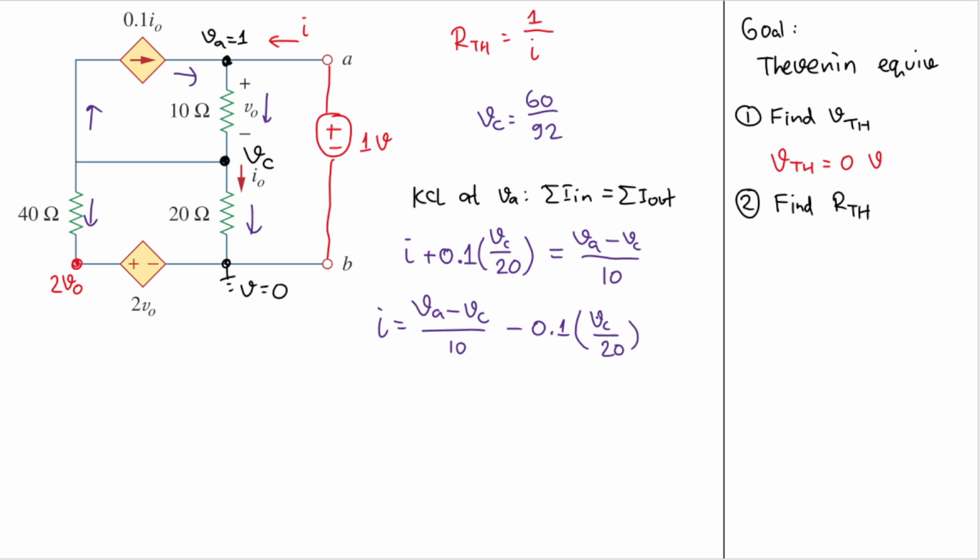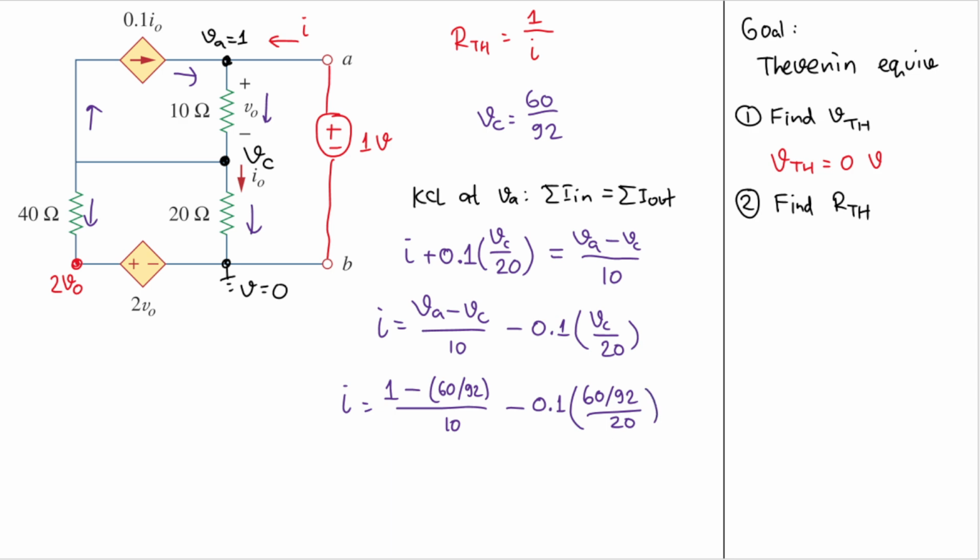Good. Now we know all the things. We know VA, we know VC, so on the right-hand side it is just a number. So I is equal to 1 minus VC, where VC is 60 over 92, divided by 10, and then in this term I will have 0.1 multiplied by 60 over 92 divided by 20.